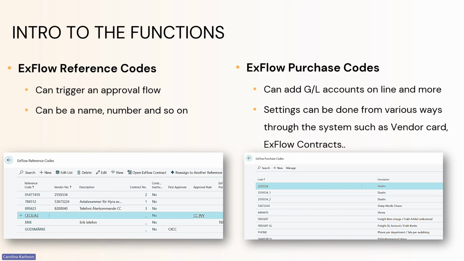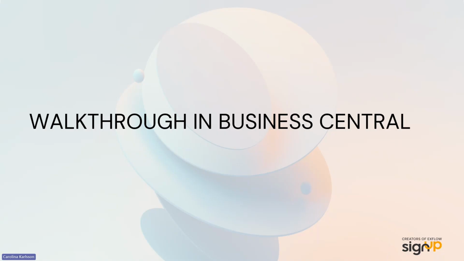You can, for example, create a purchase code that you assign to the vendor directly, but you can also add it directly to a contract or a reference and so on. So it can be linked in several places. Yeah, let's do the walkthrough in Business Central.